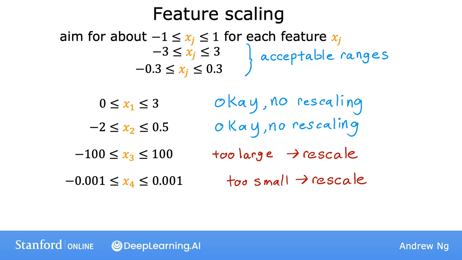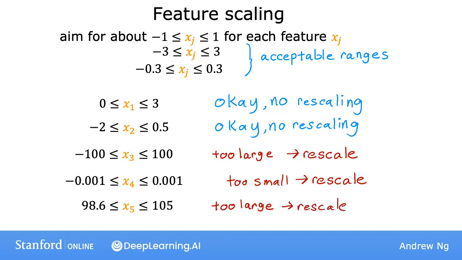Finally, what if your feature x5, such as measurements of a hospital patient's body temperature, ranges from 98.6 to 105 degrees Fahrenheit? In this case, these values are around 100, which is actually pretty large compared to other scaled features, and this will actually cause gradient descent to run more slowly. So in this case, feature rescaling will likely help.